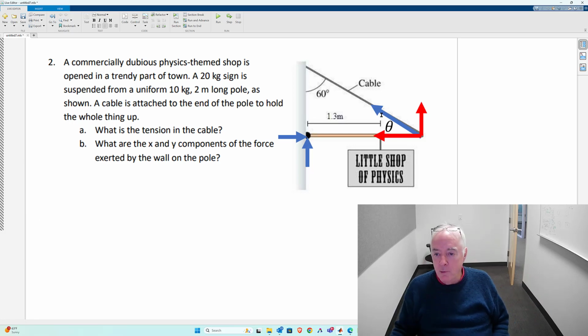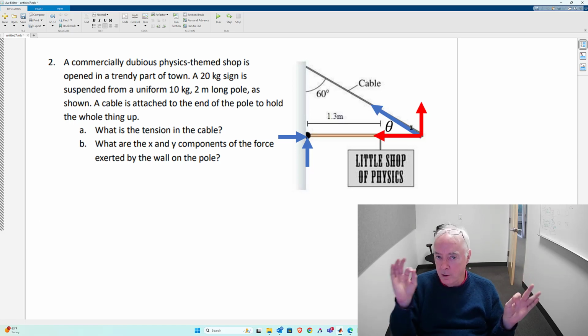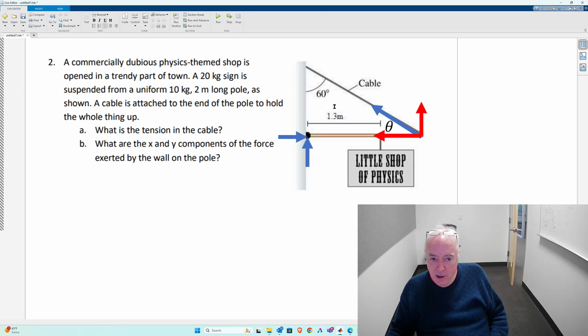Now, the cable presents something that I think is really interesting and really important. Almost always when I work on mechanics problems, I like to understand the x and y components. You could look at these and say that's what all the blue arrows are, and that's kind of true. But these red arrows are really important to calculate too.